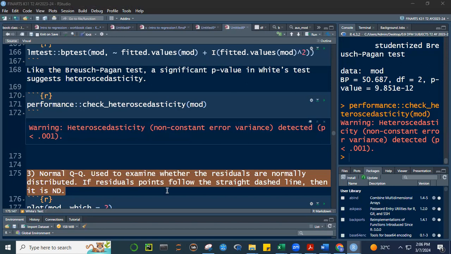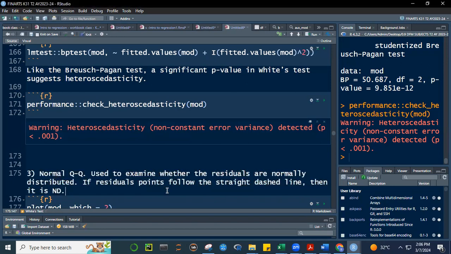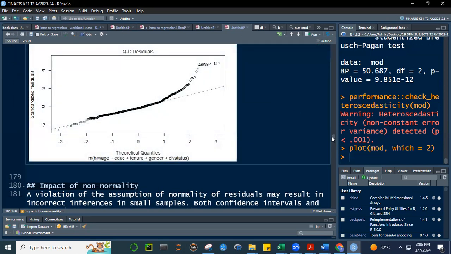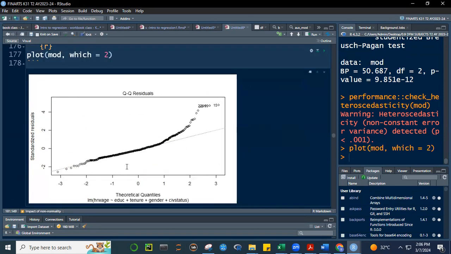Then we have another assumption, the distribution of residuals: that the residuals are normally distributed. So we can plot the second one, okay? And here, your residuals should follow as closely as possible the QQ plot line.